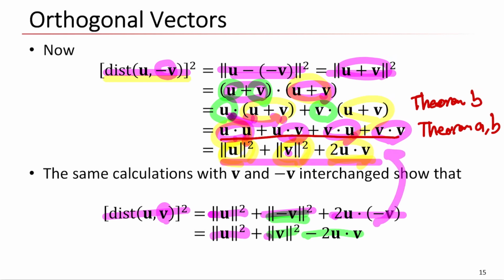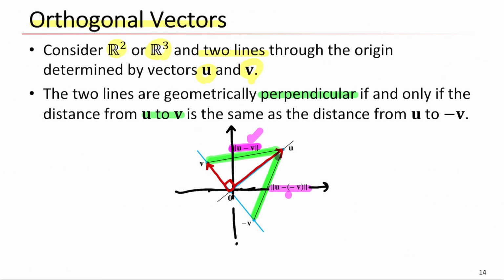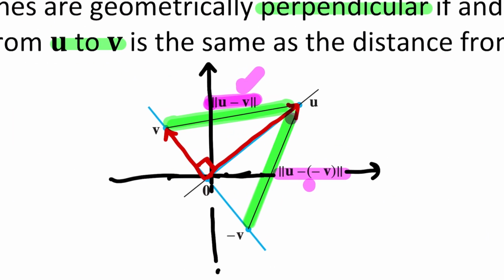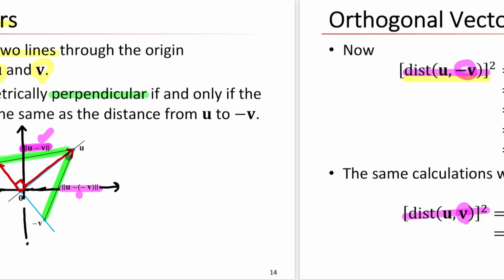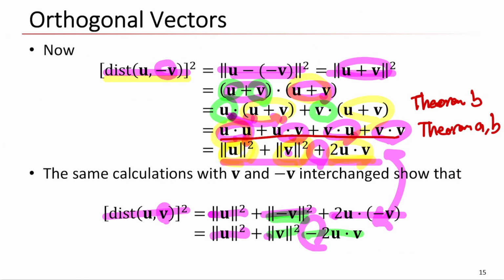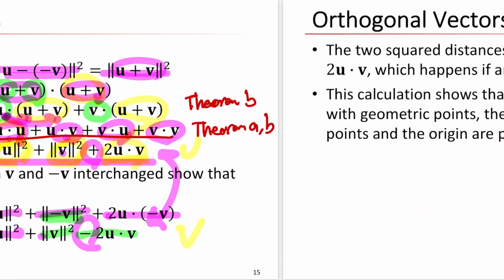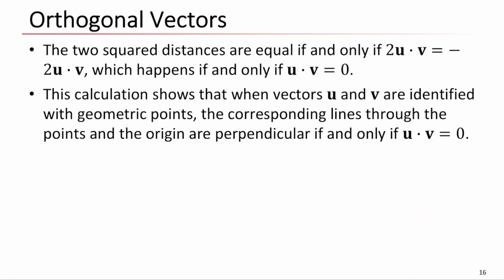u dot v, right? So when you're comparing this one and this one, the only difference is here, right? But if you remember this figure, it tells us that the length of u minus v is equal to the length of u minus negative v, right? So it means that these two terms should be the same, so 2u dot v is equal to negative 2u dot v.